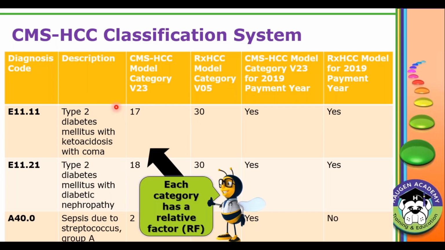Now, each HCC has a relative factor, and that would come from a different table. If you're working in HCCs, you've got software that does all of this for you, but there is a way to figure this out without the software. I can go into another table, look up HCC 17, and see what that relative factor is.